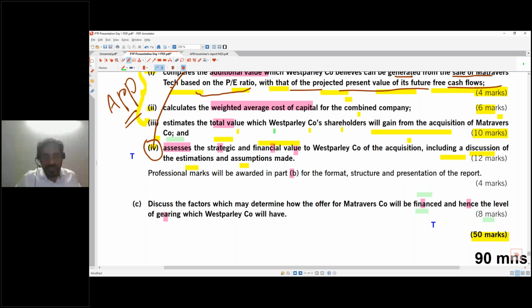The third requirement, is it from the viewpoint of West Parley, the acquirer, or Met-Travers? Is this the requirement with respect to acquirer shareholders? Acquirer perspective. Yes. Part C.